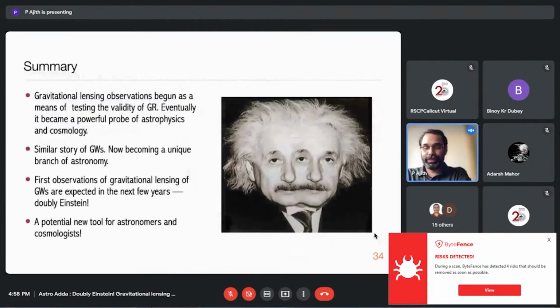But I want to stress that we are only scratching the surface now. There are really new uses of the lensing observations of gravitational waves coming up as we speak. So let me stop here and summarize.